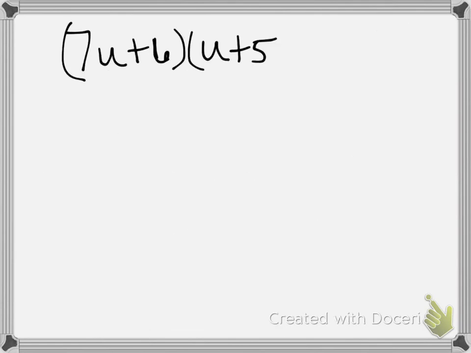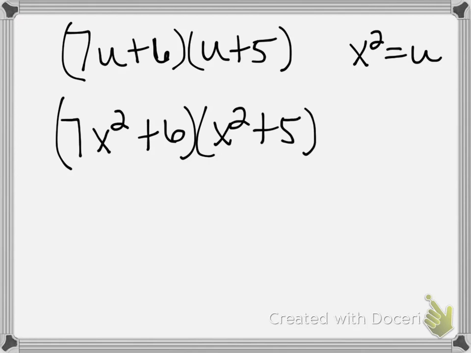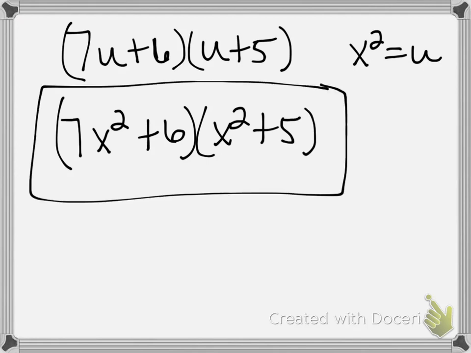I just took it from here. We remember that x squared equals u. So where I see that u, I'm going to substitute it back in with an x squared. And now at this time, I have it fully factored.